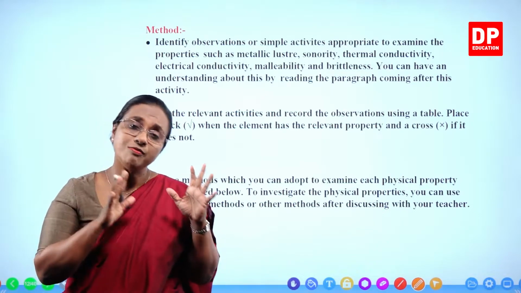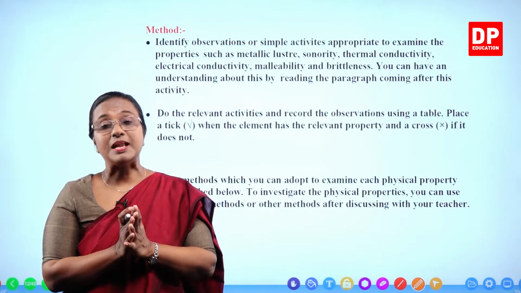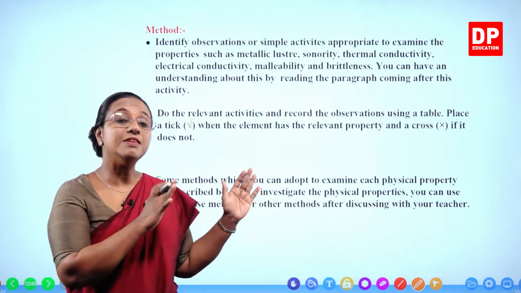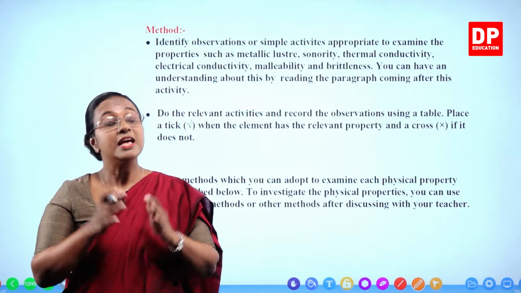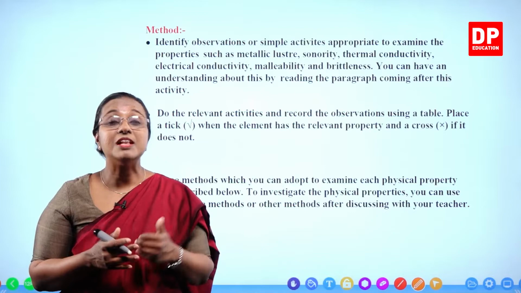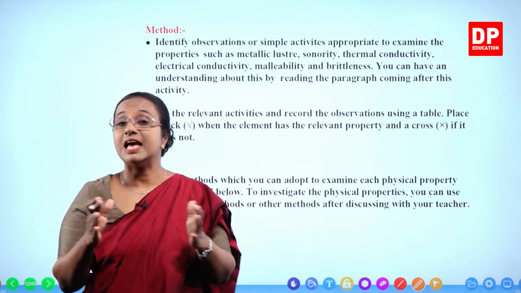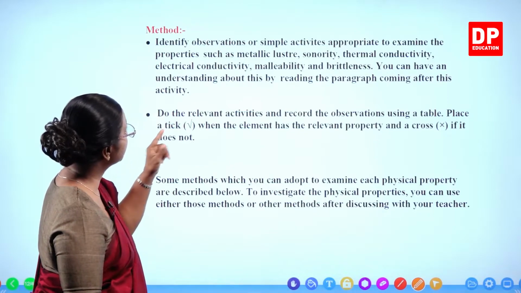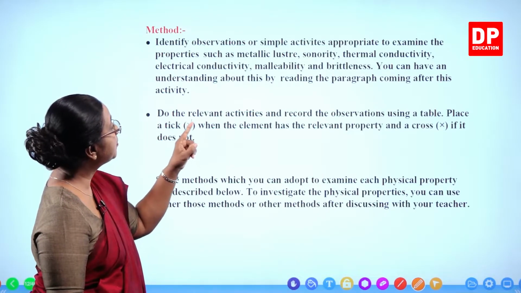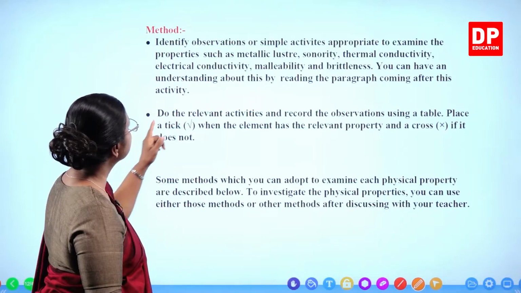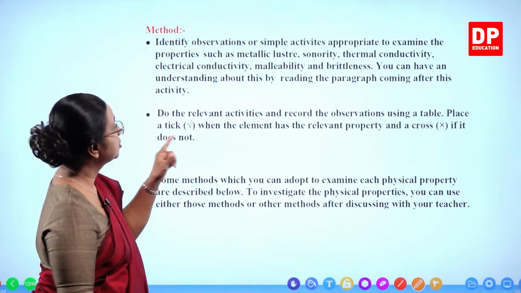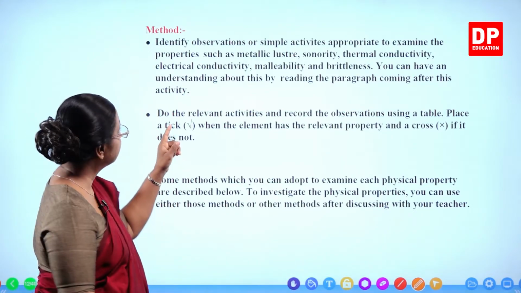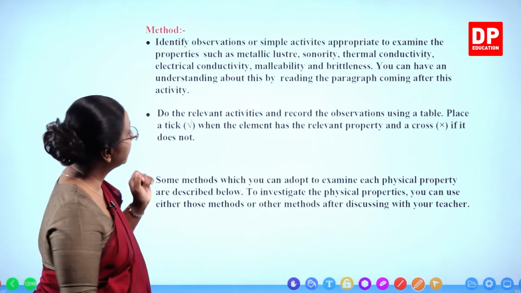So you are familiar with most of these materials and elements, but here we will observe each of these properties. Considering them, we will classify them as metals and non-metals. So identify observations or simple activities appropriate to examine the properties such as metallic luster, sonority, thermal conductivity, electrical conductivity, malleability, and brittleness.